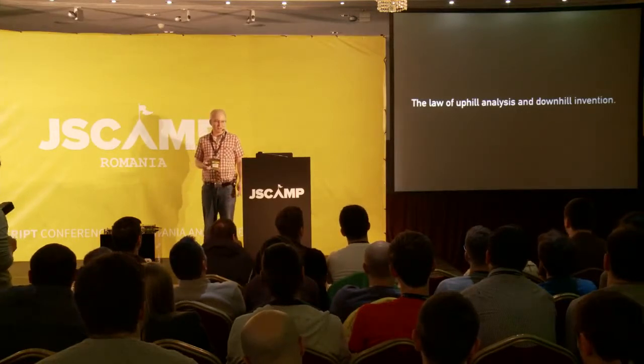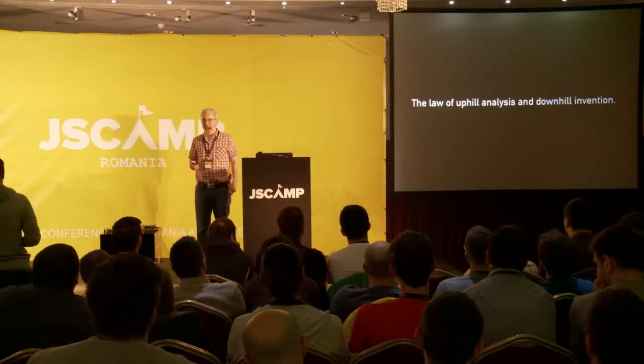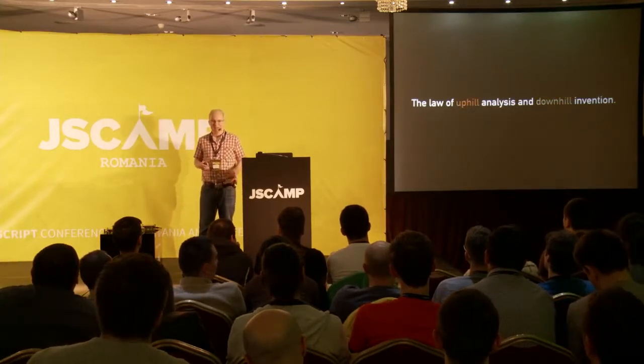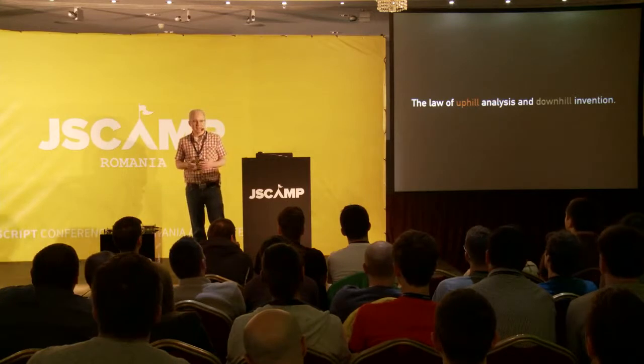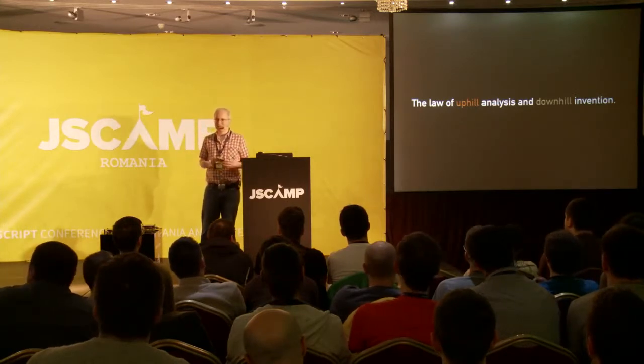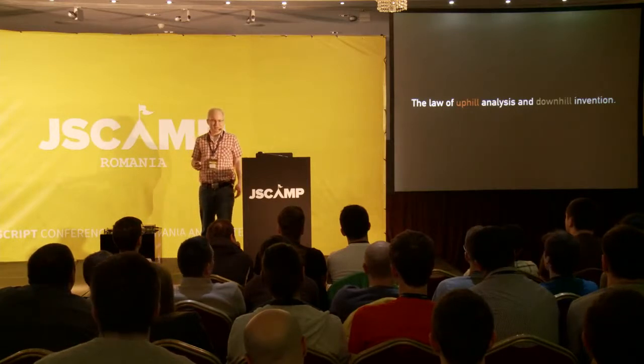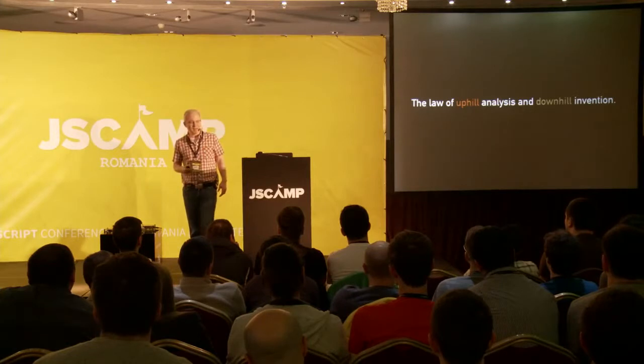We would be wrong due to a law that Braitenberg calls the law of uphill analysis and downhill invention. Basically, this means that we tend to overestimate the complexity of the systems that we observe. Now, as designers and inventors, we know that these vehicles' behavior is dictated by a very simple internal mechanism.